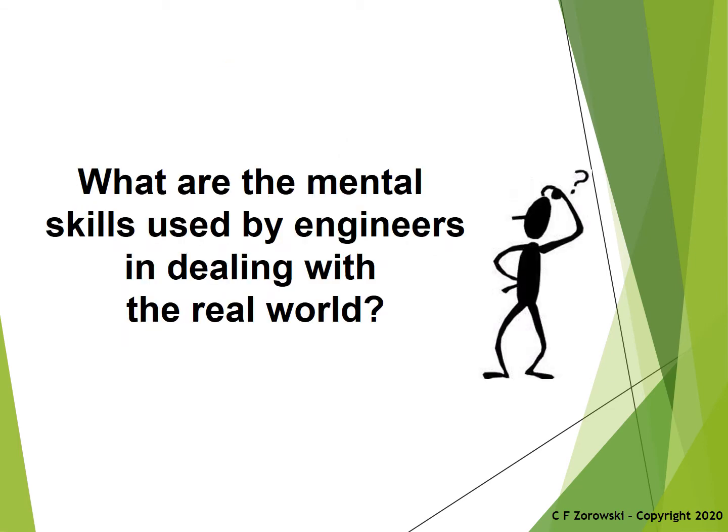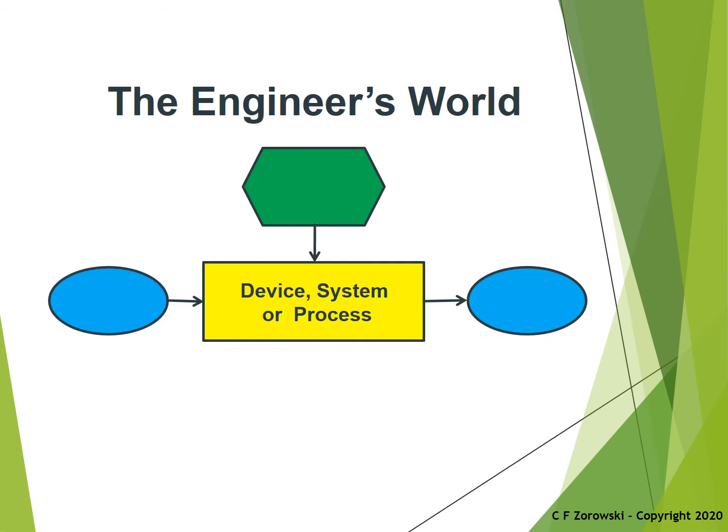Solving engineering problems involves mental skills and intellectual activity. Understanding the function of these skills as used by engineers in practice is important in the application of the solution process to be described. Engineers look at the world as being made up of physical devices, systems, and processes.